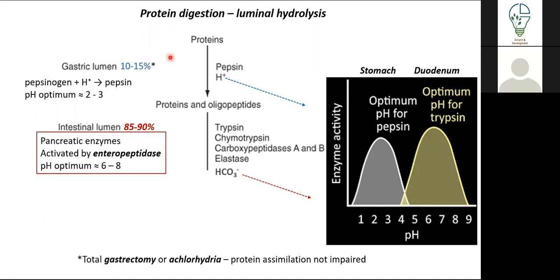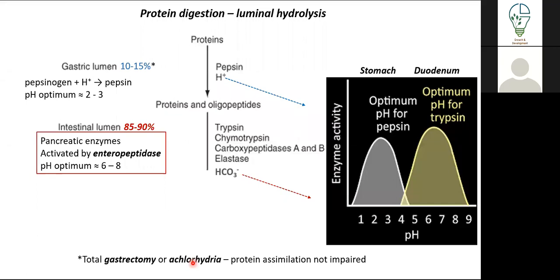People who had a gastrectomy, so they removed their entire stomach, or who cannot secrete acids, which screws up all the protein digestion in the stomach, literally have no noticeable problems in protein digestion or in protein levels in the blood. That means that the main place for protein digestion and absorption is the small intestine. And where do we get the enzymes from? From the pancreas, of course.